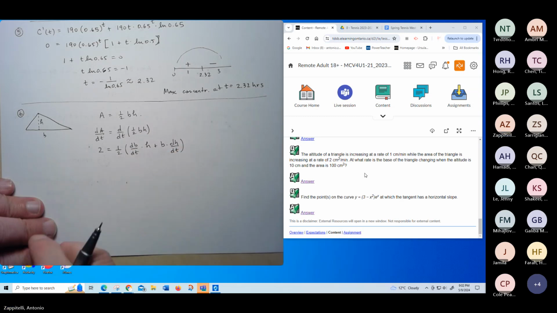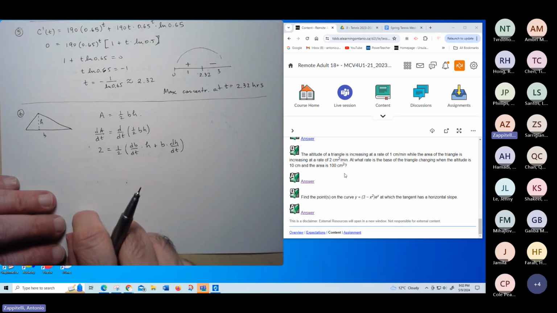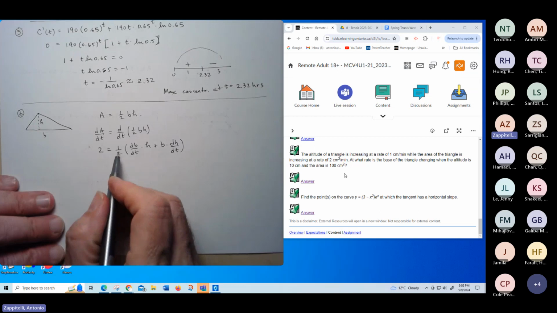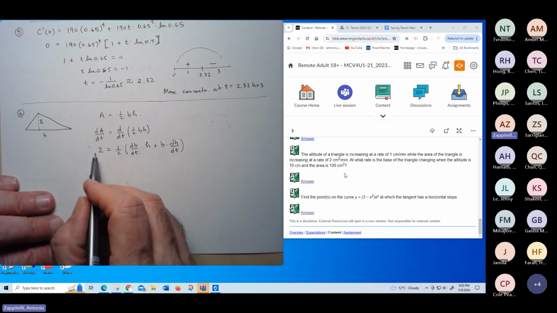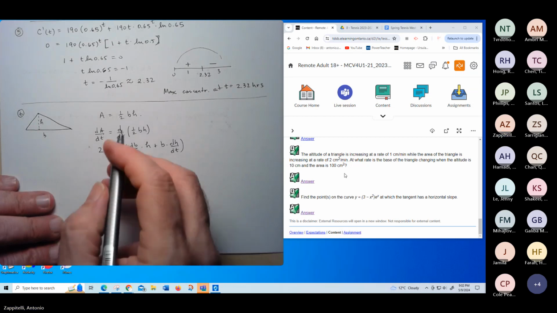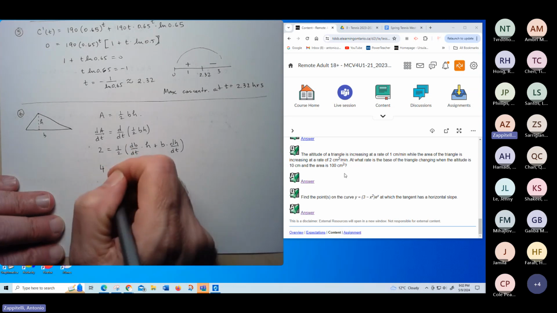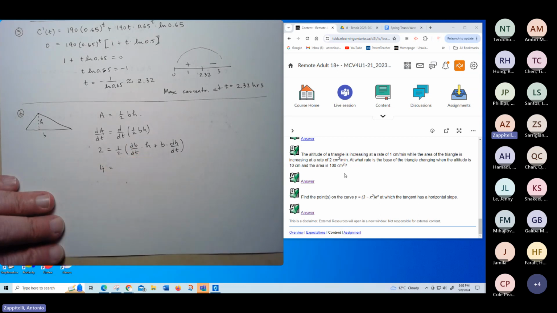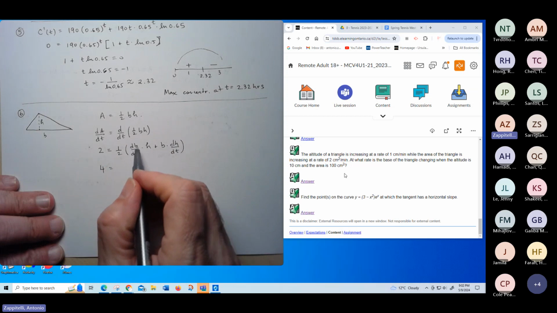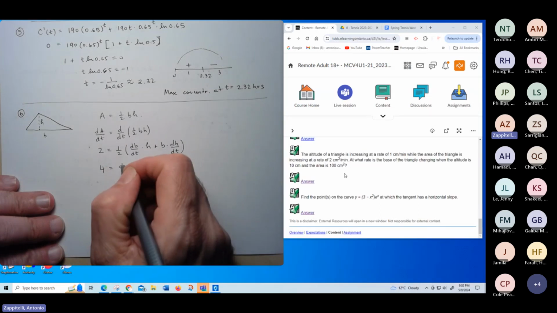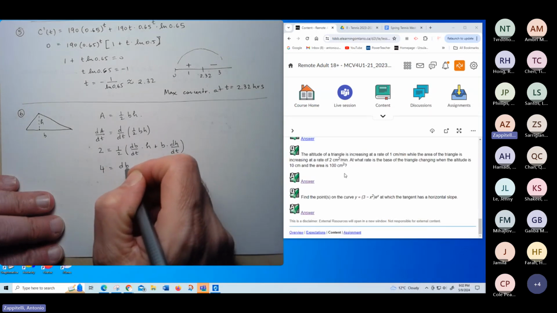And this is where you see why they gave us maybe some extra information. So let's see what we need here. First of all, this 1/2, let me multiply both sides by 2, so at least I get rid of the fraction. Well, the derivative of the base with respect to time, that's what I'm looking for, right?